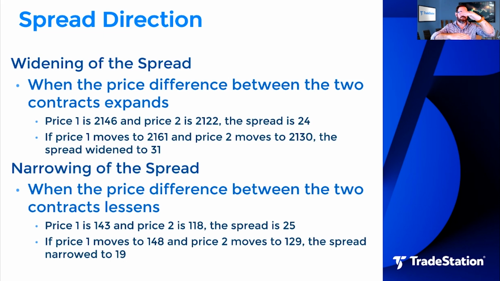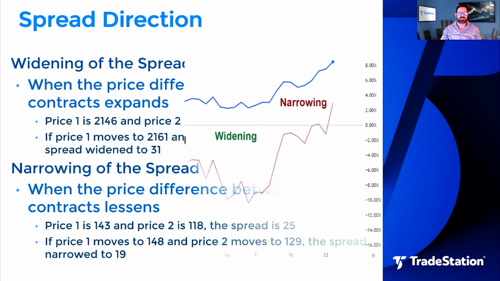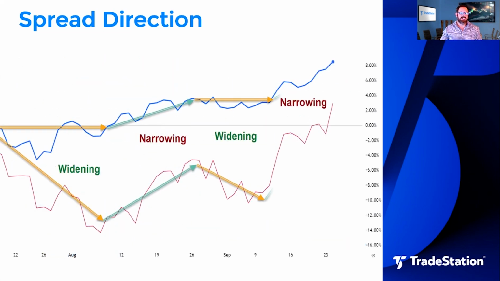So what happened was the second security moved up faster than the first, and the spread actually narrowed. So two related securities can move in the same direction at different paces, or they can even move in different directions. And the spread can work on either one of those, depending on which type of spread you place. So widening would be the two underlying securities move further away in value, and the spread widens, or the two securities get closer together in value, and the spread narrows.